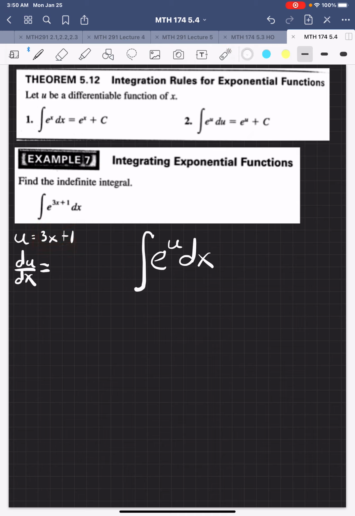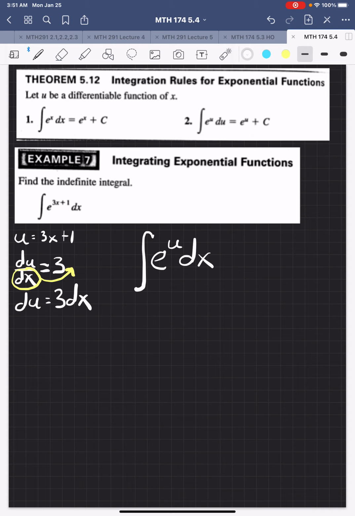That's easy, that's just 3. Now, this is back to that Leibniz notation, we just take this dx and bring it to the other side. Do you recall doing that back in Calc 1? So du can be written as 3 dx.